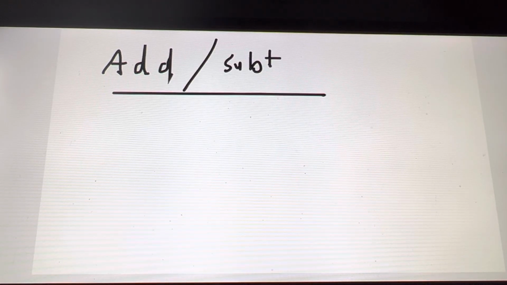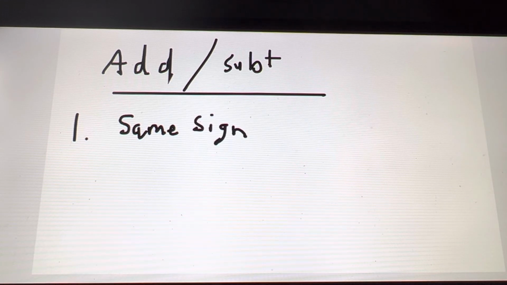Whether you're adding or subtracting, it's really the same rule. Subtracting is just adding the opposite. Adding and subtracting, there's 2 rules. If they have the same sign, both positive or both negative, you add their values and keep the sign.